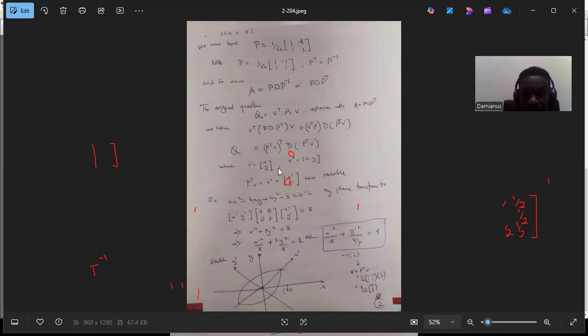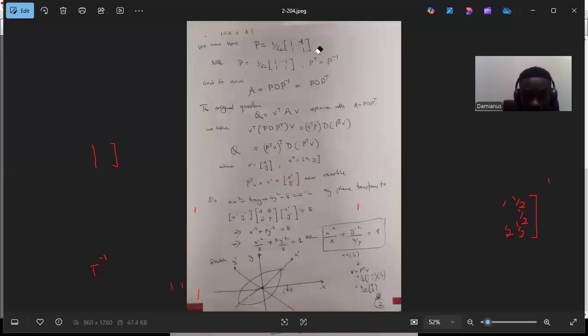Well, this tells us that we modify from the XY plane to a new variable, which I'm calling the X dash, Y dash variable. So this is how you modify: the old variable is XY, and the new variable is X dash, Y dash. Hopefully we have time, maybe a minute or two.